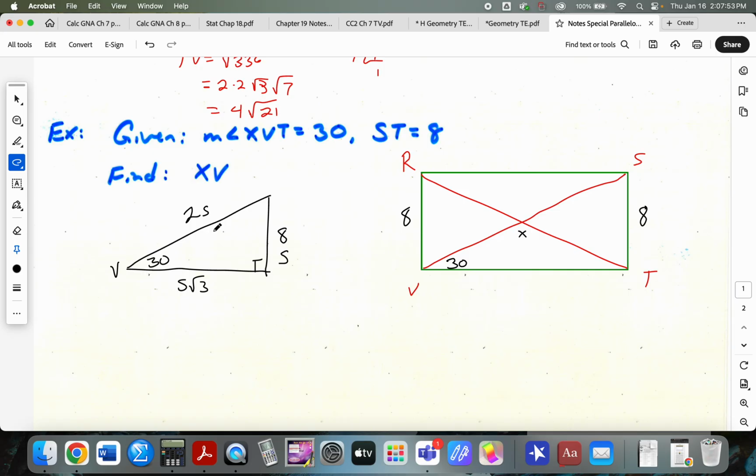And this is VS. Well, that's what we want. VS is going to be 2 times 8 is 16. So if that whole thing is 16, each of the pieces is 8.